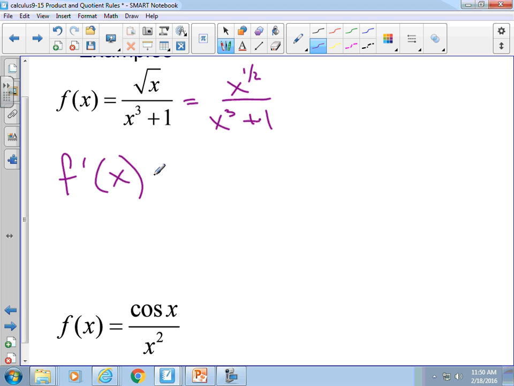So, quotient rule is low D high. What is the derivative of the top? 1/2 x negative. Any questions about that so far? So that's bottom times derivative of the top.